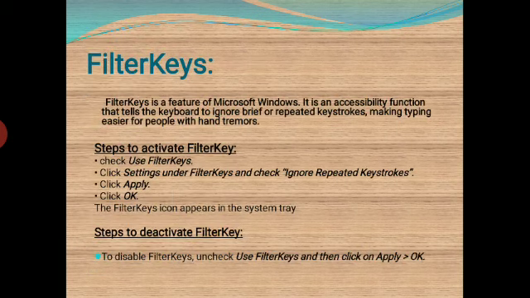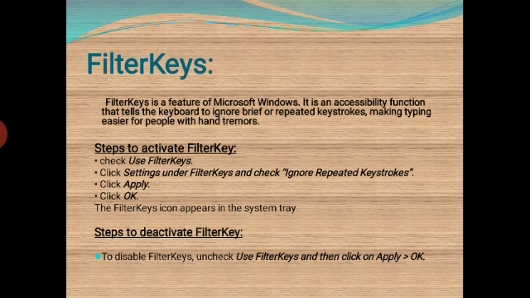Next is filter key. Filter key is a feature of Microsoft Windows. It is an accessibility function that tells the keyboard to ignore brief or repetitive keystrokes, making typing easier for people with hand tremor. The filter key is used by a person having a disability such as hand tremor.